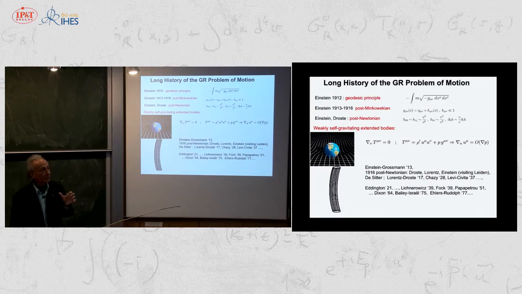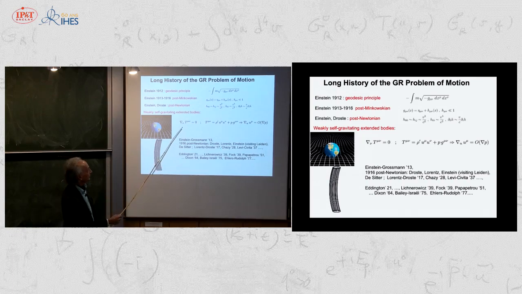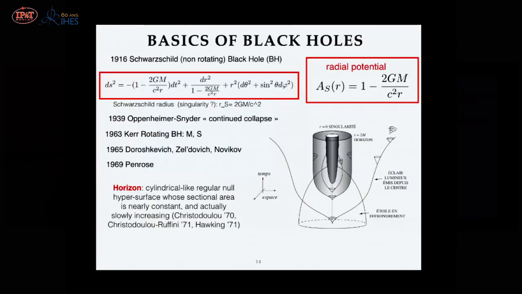As you know, the Einstein equations are such that the left-hand side is automatically conserved, and this implies that T_μν, the stress energy tensor, satisfies this conservation law. This expresses the local equation of motion of the body. You integrate over the body, and then you try to derive equations of motion for planets.